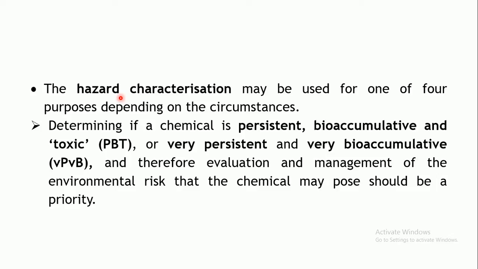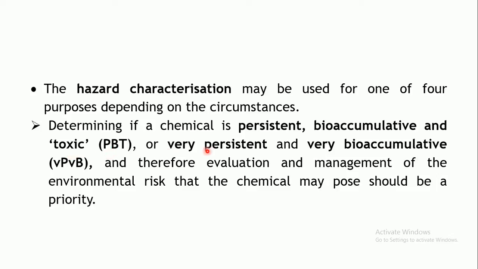Usually there may be 4 purposes for which this hazard characterization is done. That is determining of a chemical. You can categorize a particular chemical depending upon whether it is persistent, bioaccumulative or toxic, PBT.